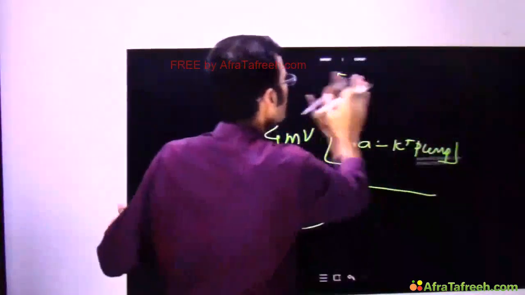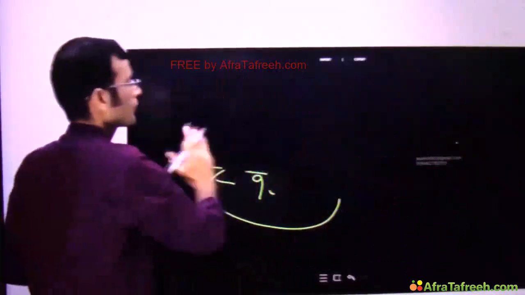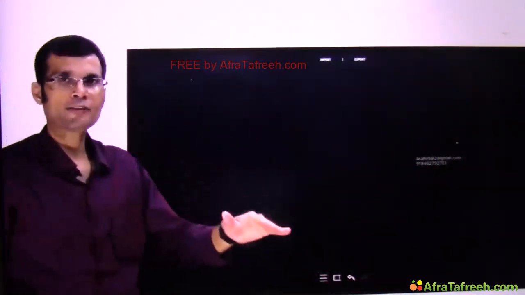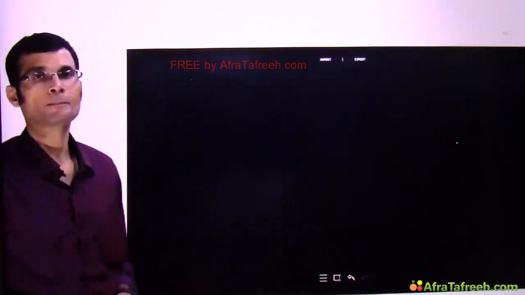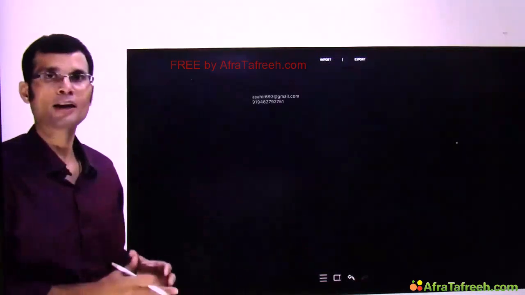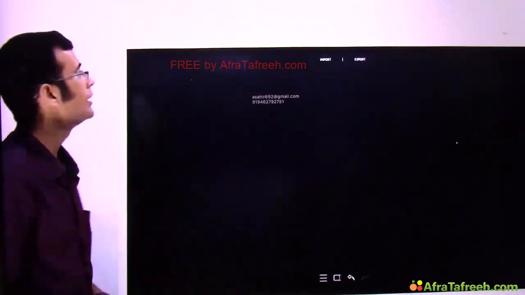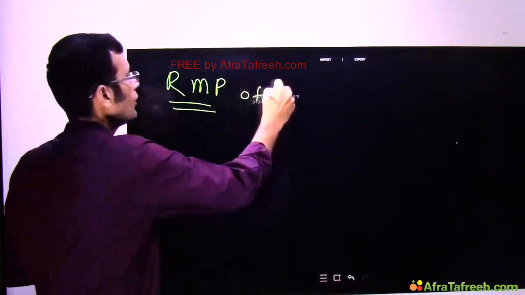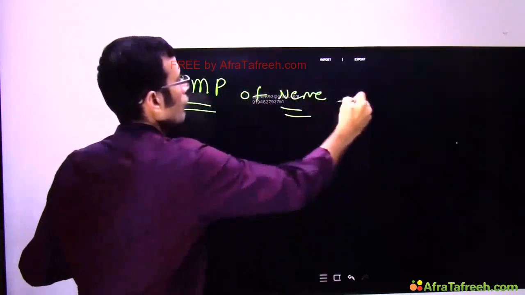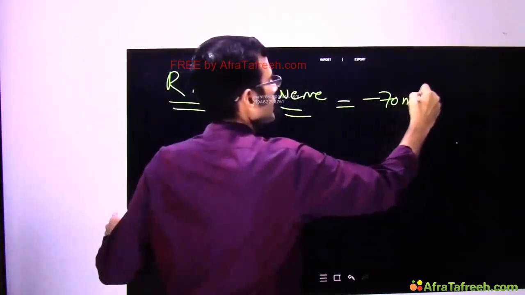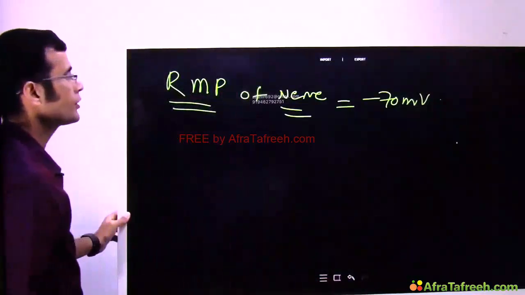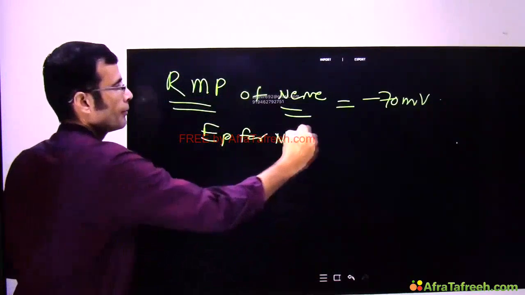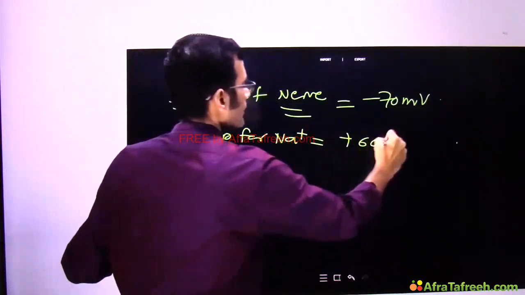Values for the nerve would be different, because although ECF is the same for nerve and muscle, ICF values are different for nerve and muscle. So the RMP of a nerve would be minus 70 millivolts, and in the case of a nerve, the equilibrium potential for sodium is plus 60 millivolts.